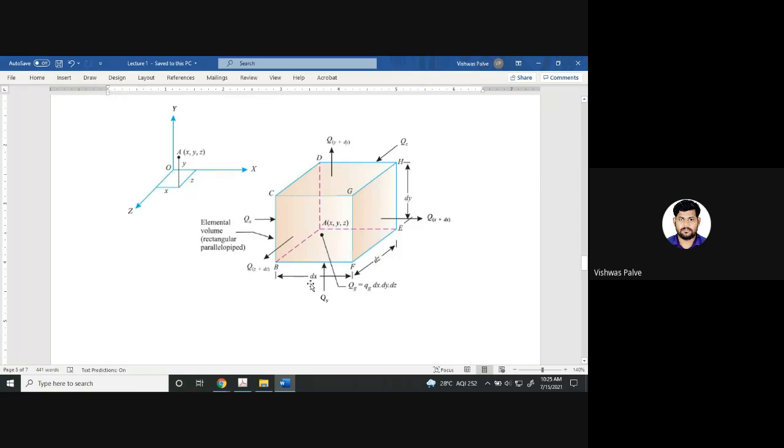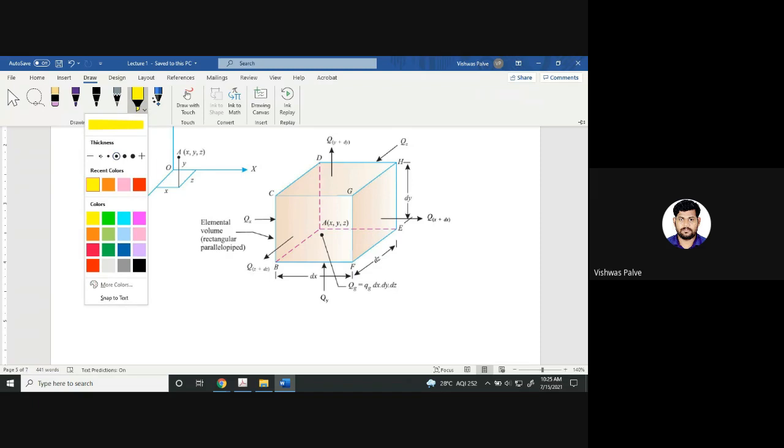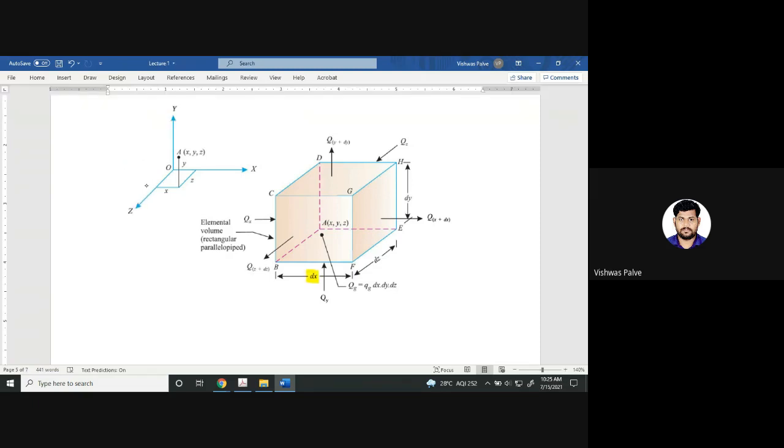So let us consider a parallelepiped, a cube, which has a thickness dx in the x direction, dz in the z direction, and dy in the y direction.